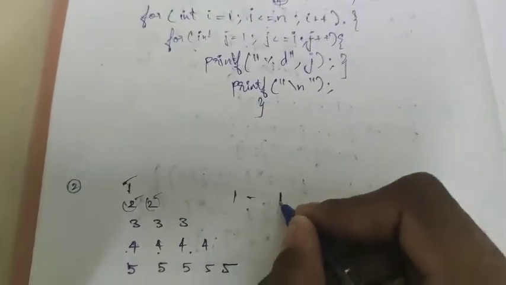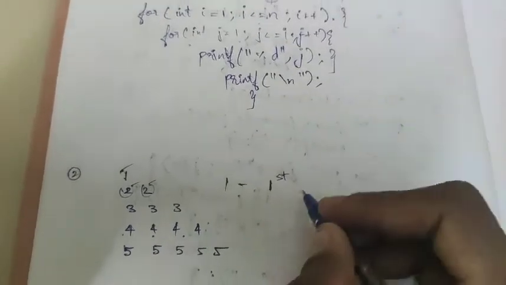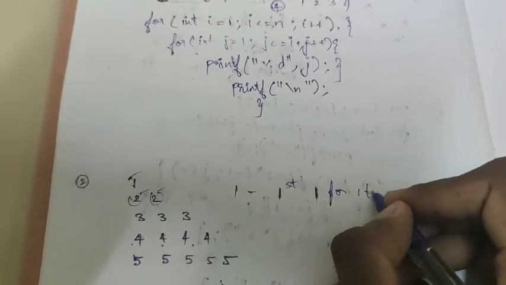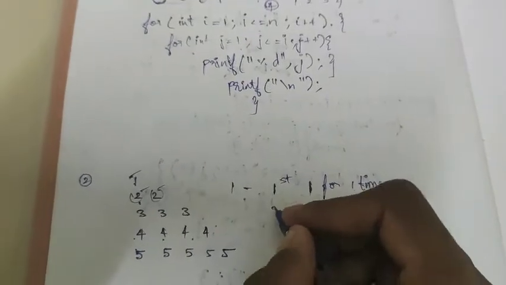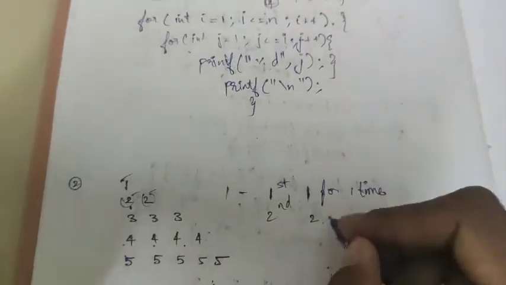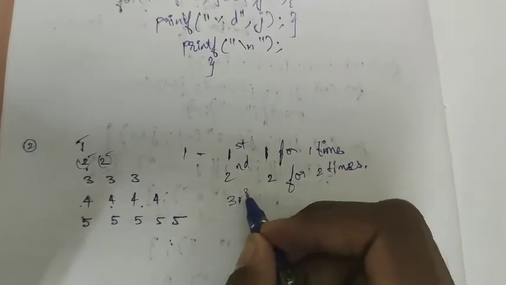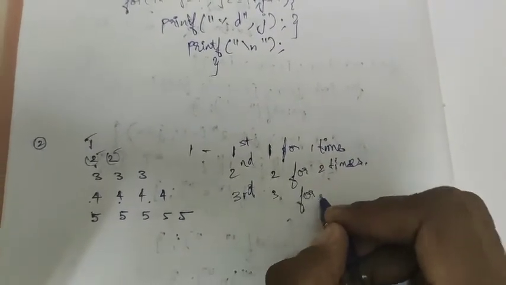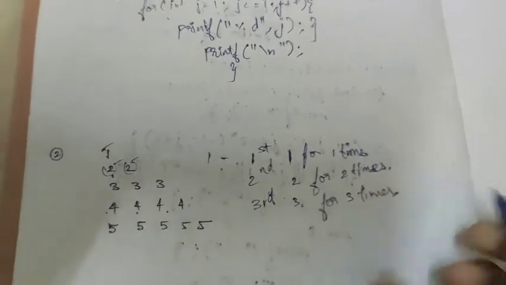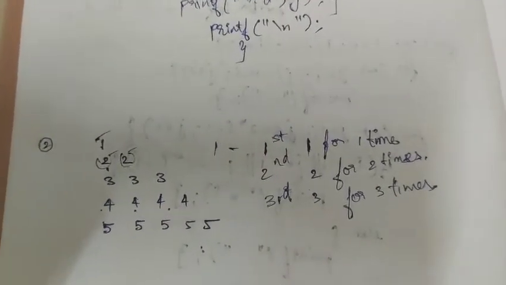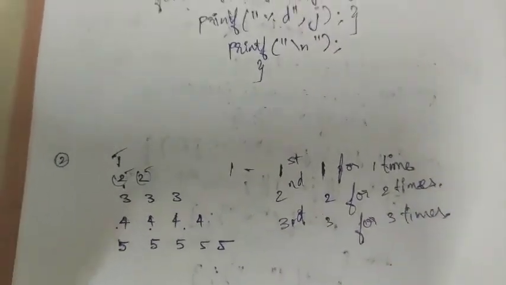In the first row I am getting 1 one time, and in the second row I am getting 2 for 2 times. A similar condition occurs in the third row, 3 for 3 times. For instance, if I take an input of 7, at the 7th row I get 7, 7 times.